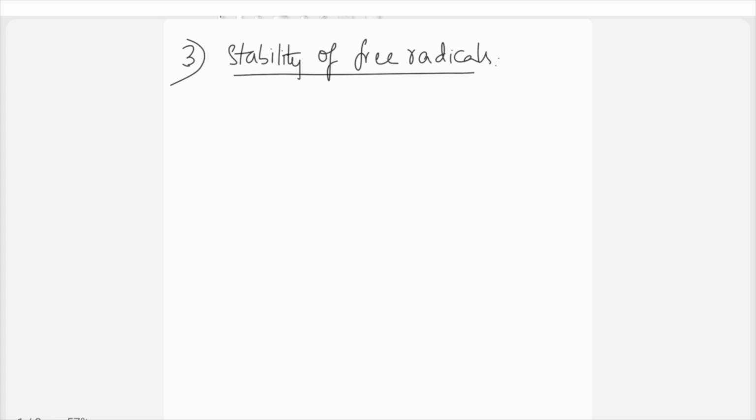Stability of free radicals can also be explained by hyperconjugation, as in the case of carbocations, because free radicals are also nothing but carbon with p orbital containing a single electron.